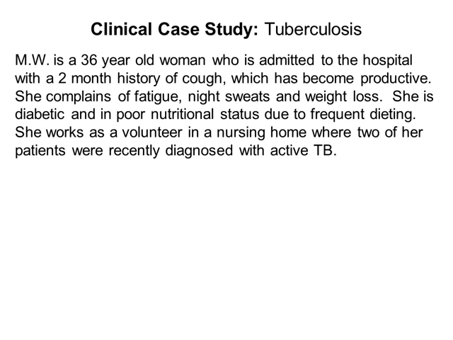Now, she's diabetic. That's a comorbidity that's a confounding factor in any infection. And she has poor nutritional status. Again, a confounding factor in dealing with infections. She's a volunteer at a nursing home, and 2 of her patients were diagnosed with active tuberculosis. So she's got exposure. All right?